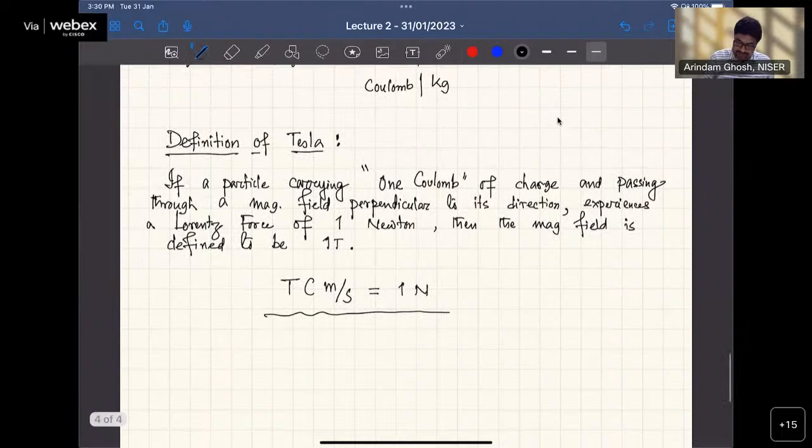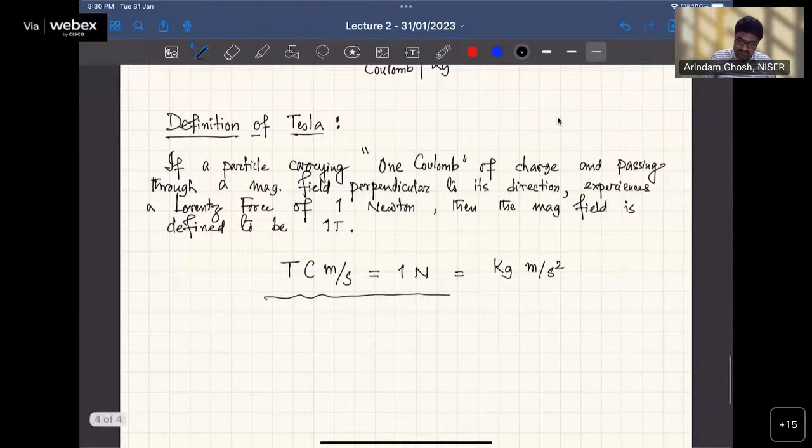Now Newton is force, so a force can also be written as mass into acceleration. So 1 Newton can also be written as kg, which is mass, into acceleration, which is meter per second square. Correct? That is force. So these two should be equated.